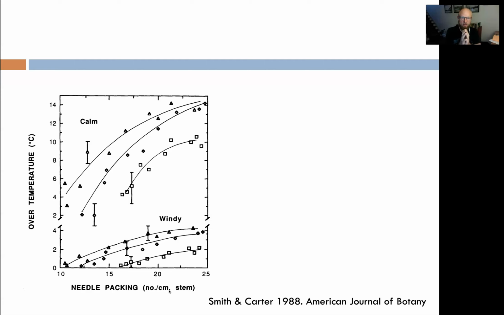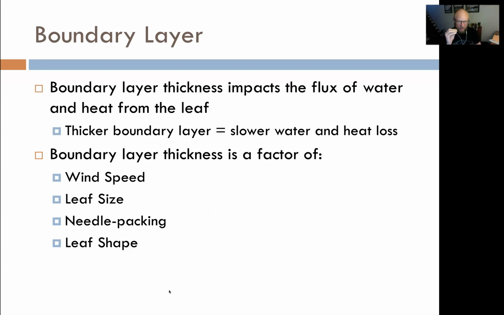This is important because if we go back to the boundary layer thickness slide, remember that big leaves tend to have really thick boundary layers and small leaves have thin boundary layers. This is true, and the only time this isn't true, I guess I should say, is if all of those small needles are really packed close together.